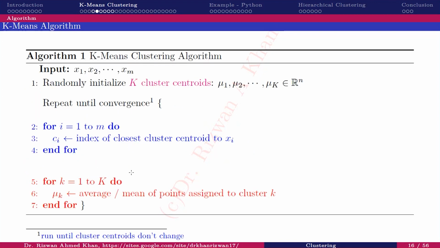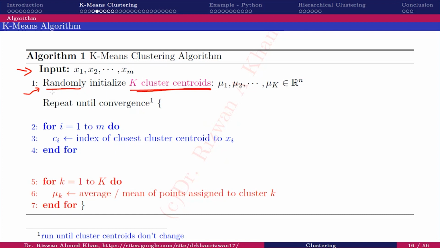And this is the complete K-means clustering algorithm. So this is the input that is given to the algorithm. We randomly initialize K cluster centroids. We will have a discussion on this randomness as well, because randomness sometimes gives local minima in the solution, which is not okay.